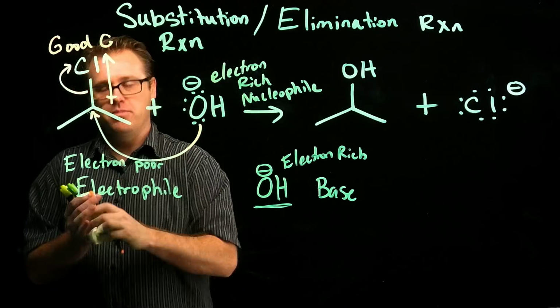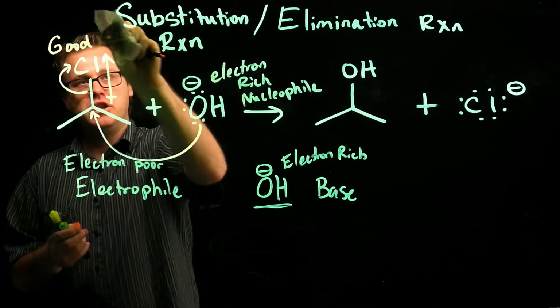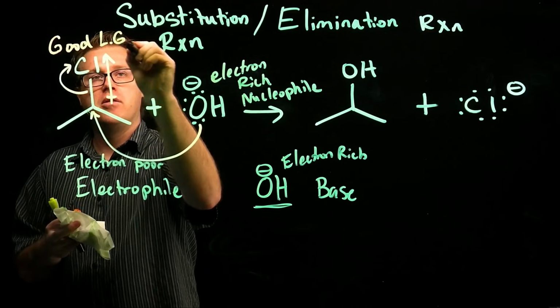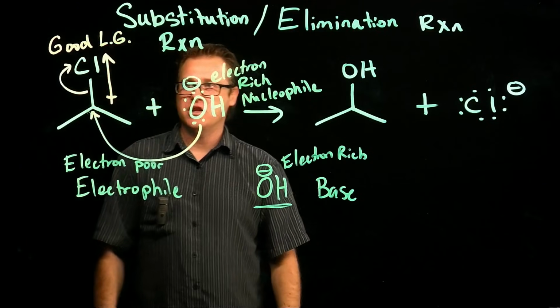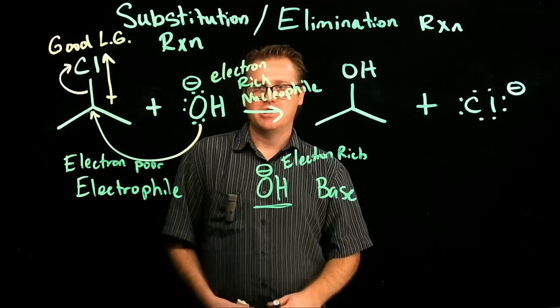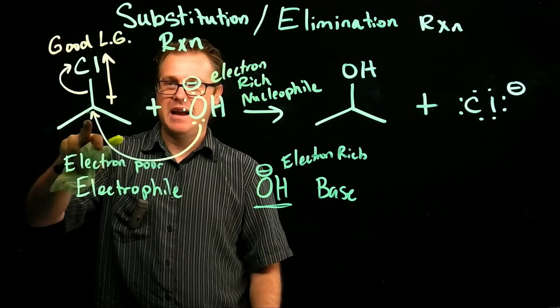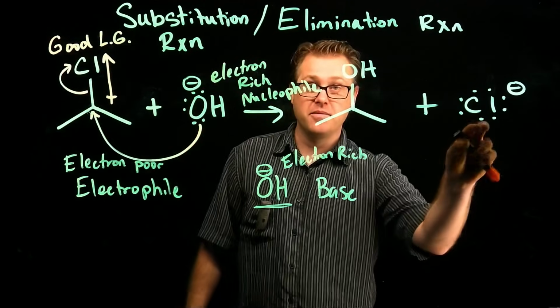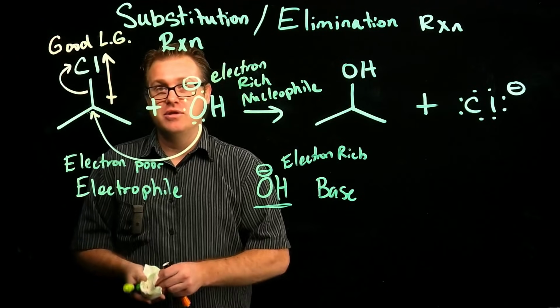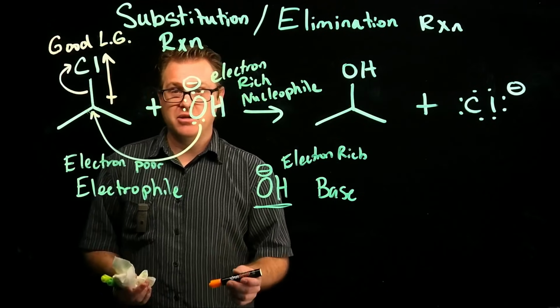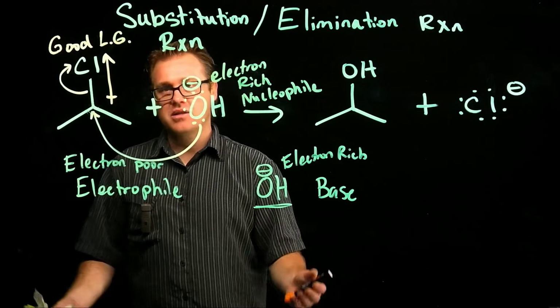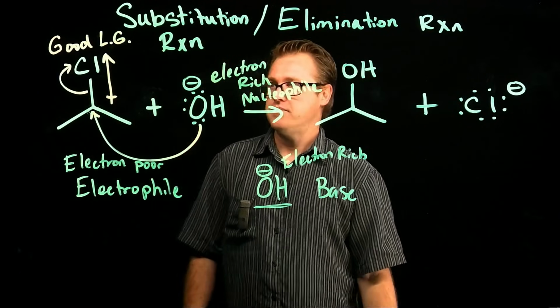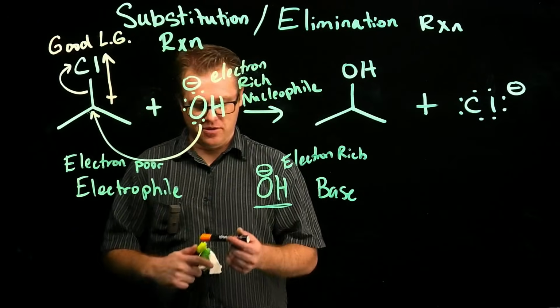And I'm just going to abbreviate leaving group with LG. Halogens are good leaving groups. So you see in a substitution reaction, the halogen has to leave. And if you go back to your notes and look at the elimination reaction, the halogen also has to leave. Halogens are good leaving groups.